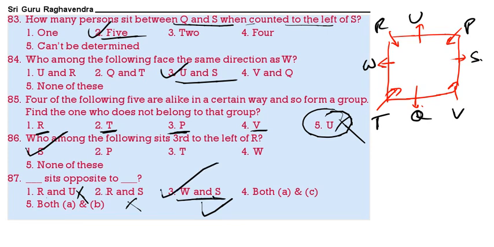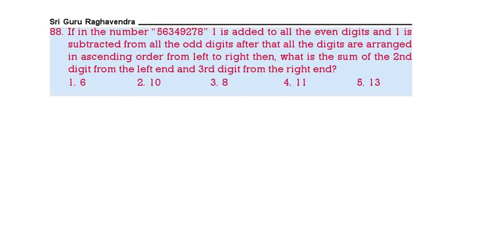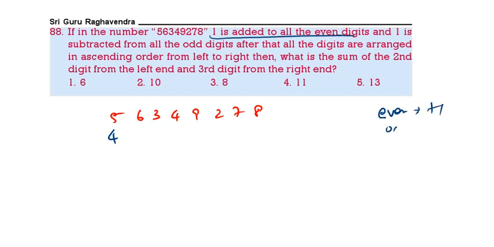Then see question 88. In the number 5, 6, 3, 4, 9, 2, 7, 8, 1, one is added to all even digits. Even means plus 1, odd means minus 1. Now it becomes 4, 7, 2, 5, 8, 3, 6, 9.